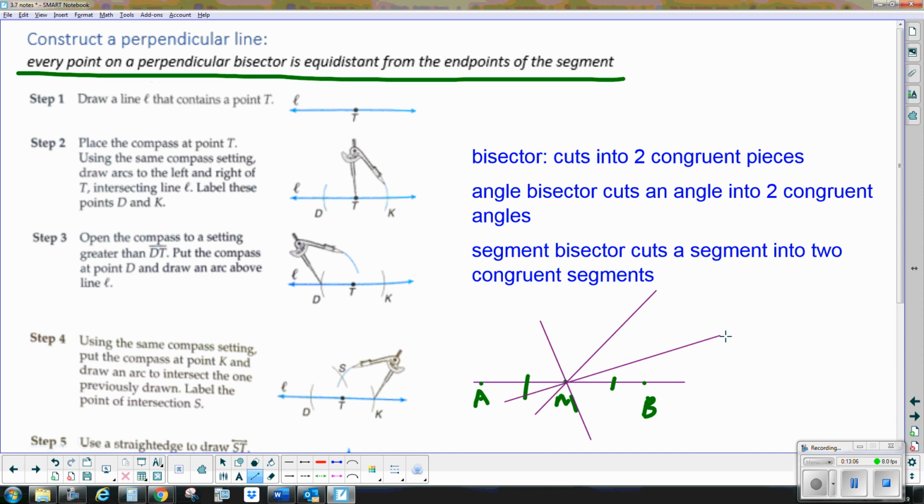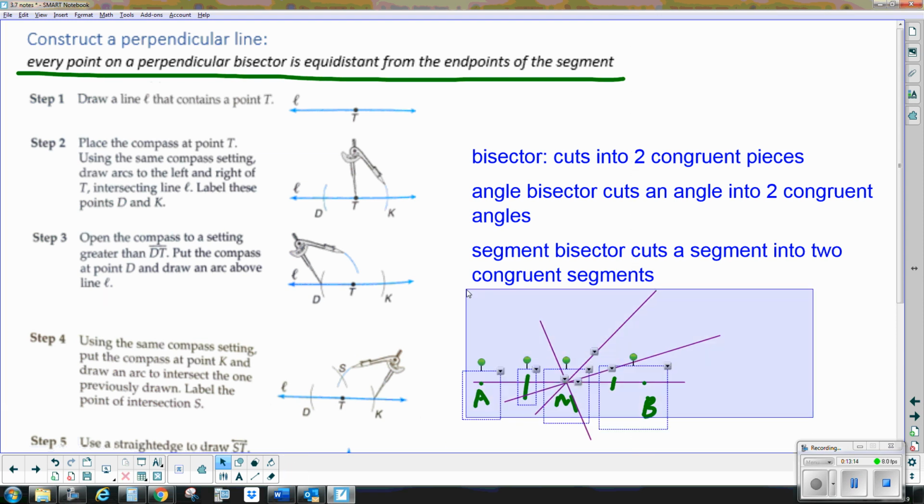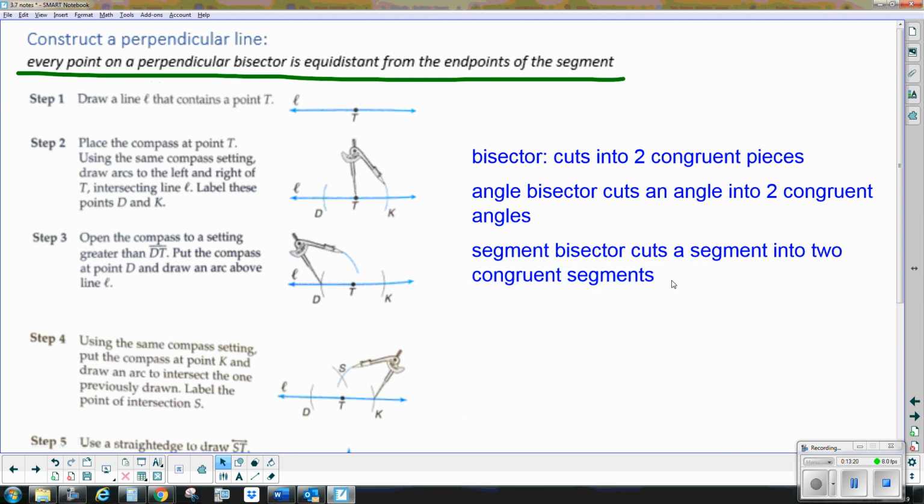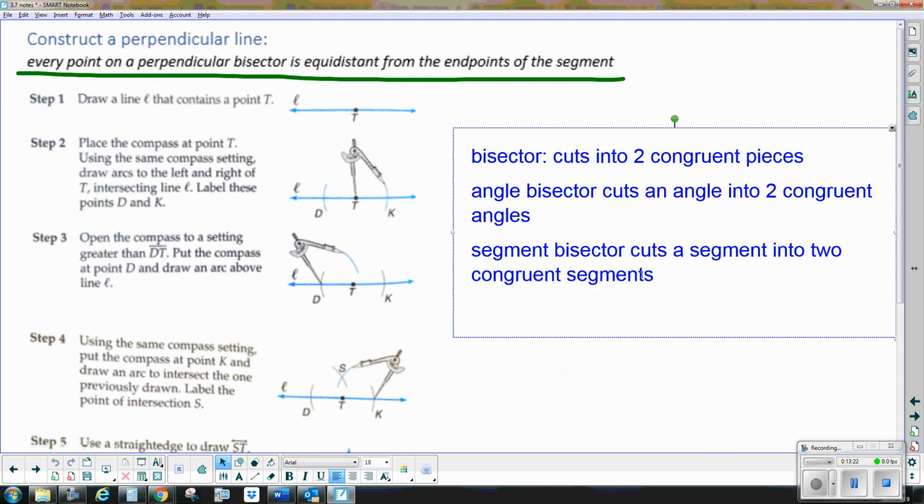Now, the only way we can tell if something is a perpendicular bisector is if it's a bisector, but it's also perpendicular. Okay, so let's just define perpendicular.